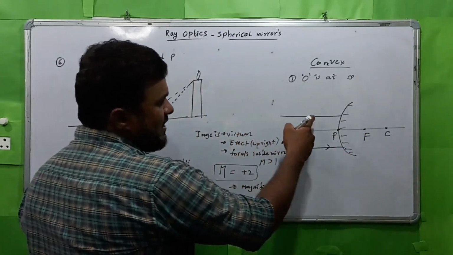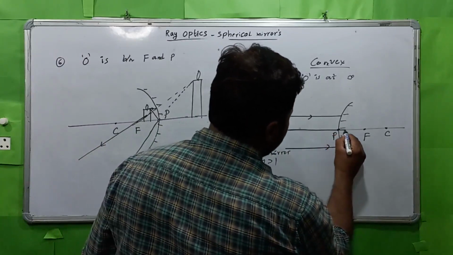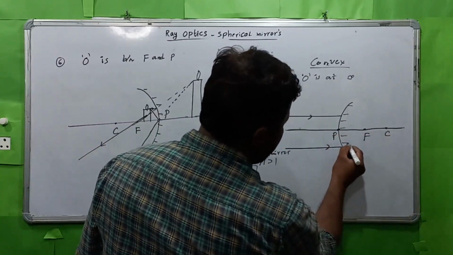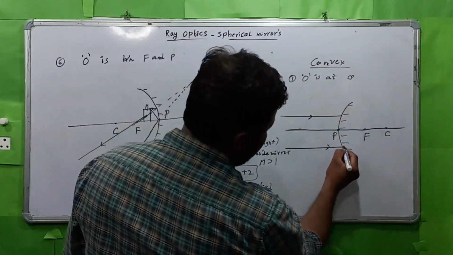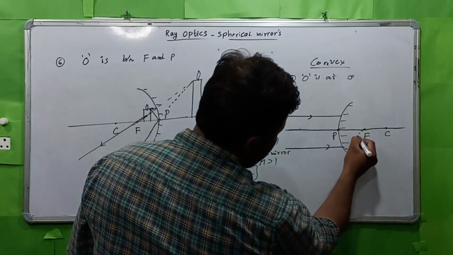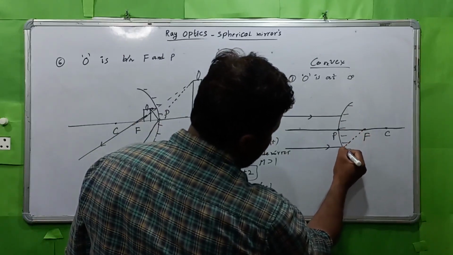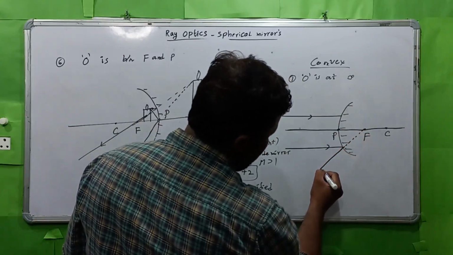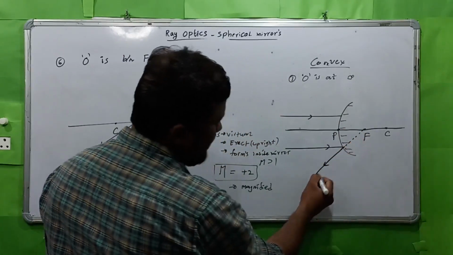If a ray moves parallel to the principal axis, after reflection in the case of a convex mirror, these rays appear to be moving from the focus, or look like they are emanating from the focus.